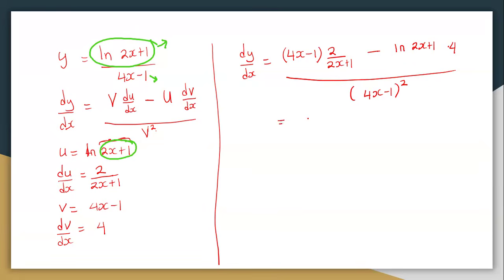Then I will be having 8x minus 2 into brackets all over 2x plus 1, minus 4 ln of 2x plus 1, all over 4x minus 1 squared.